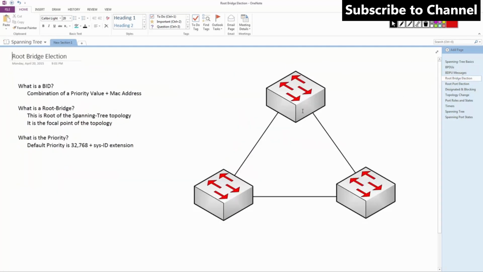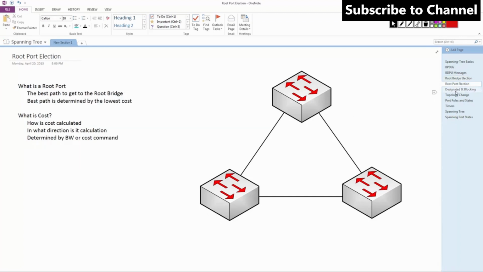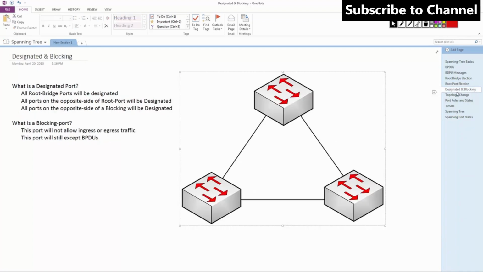We talked about what a BID was. We talked about what a root bridge was. We talked about what our priorities were. We talked about what our system ID extension was. We talked about what our root port was. We talked about what our cost was. We talked about our designated ports. We talked about our blocking ports.